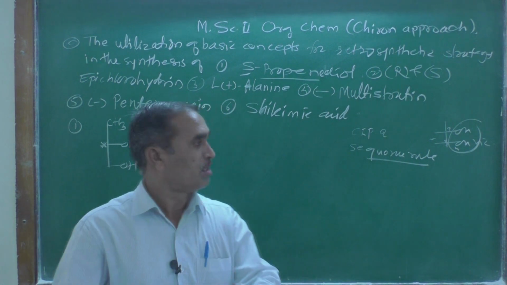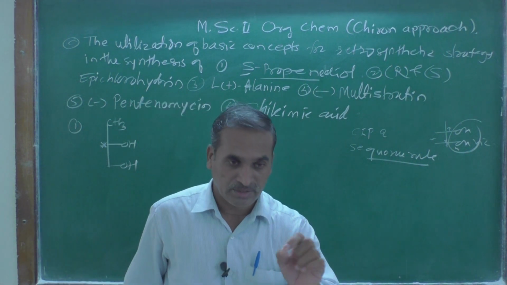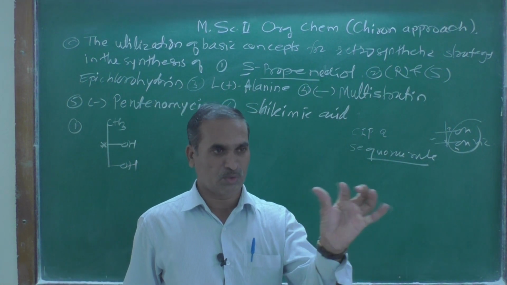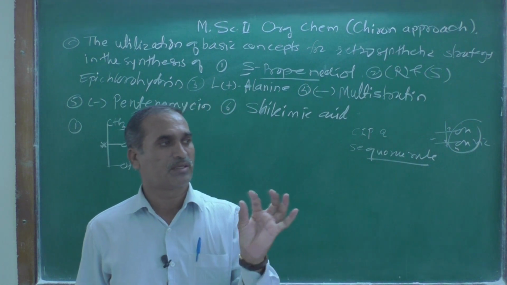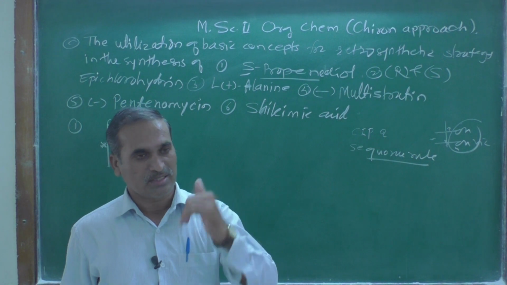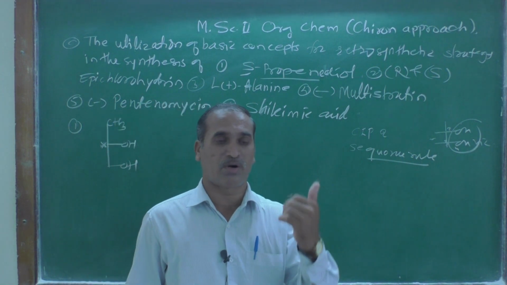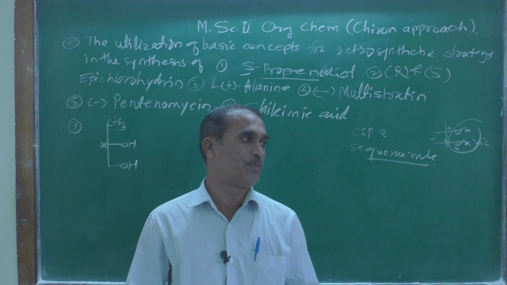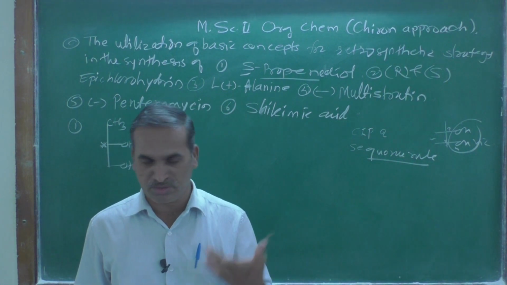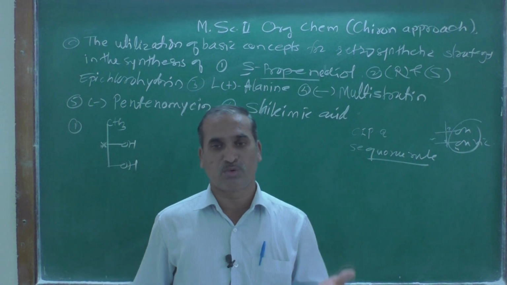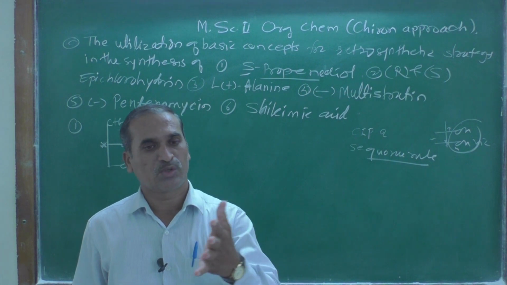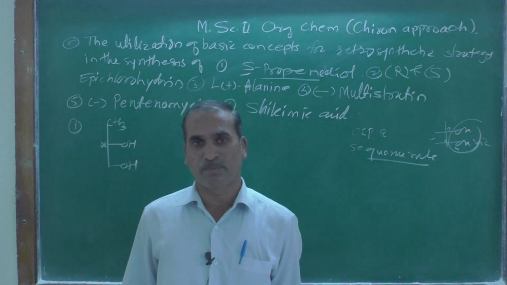Likewise, you can give the priorities. In the second rule, suppose both groups are connected to that carbon, then go for the next atom. Third is the double bond or triple bond, because the group may contain a carbon multiple bond, carbon-nitrogen multiple bond, nitro group, or carbonyl group.